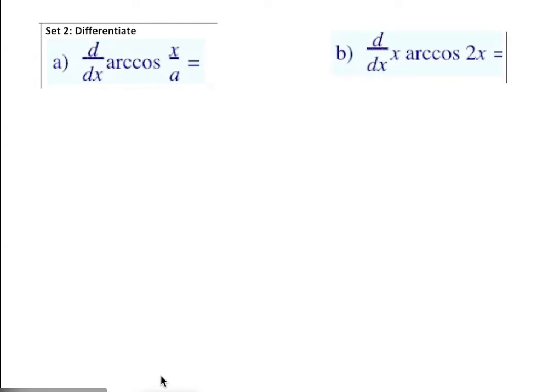So now we're going to do the same thing, but this time we're going to do it with cosine. And again, start by drawing your triangle. It's the best way to start all of these. So that's your angle y, right angle triangle. We're dealing with cosine. So cosine is, sorry, adjacent over hypotenuse.